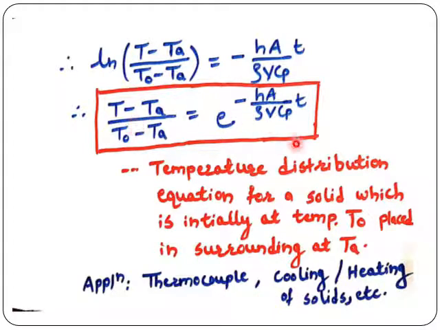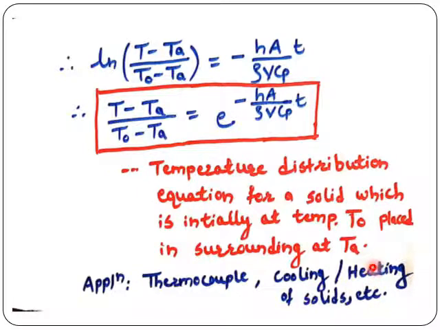This equation can also be used in analyzing cooling and heating of solids. Suppose I have a hot object and I place it in water at 25 degrees Celsius. The initial temperature of the object is 100 degrees Celsius. Then what will be the time to achieve 80 degrees Celsius in the solid?